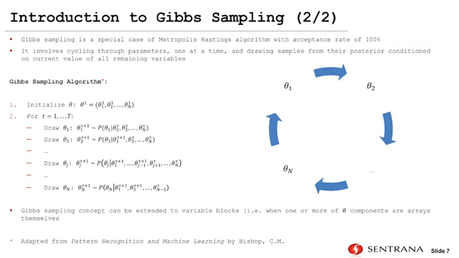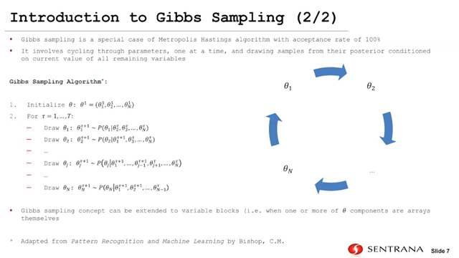And so this makes it serial. They didn't realize that at first. They thought they could draw all of these and then go to the next iteration and draw all of them. So they could parallelize the process of drawing theta 1 through theta n. But then somebody realized that mathematically it's incorrect. You have to go sequentially unless you can prove that you don't have to do that. And we will talk about that.